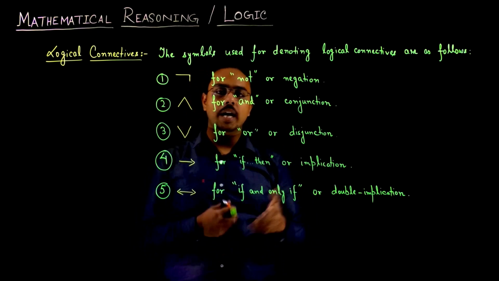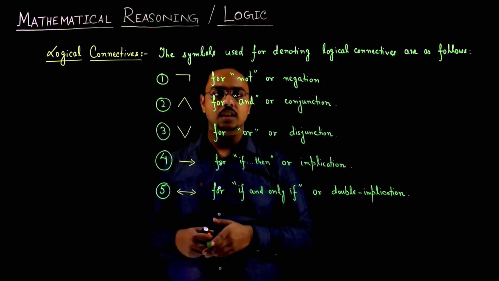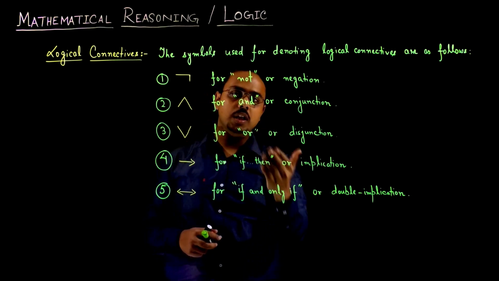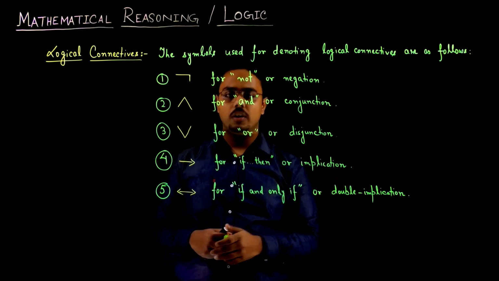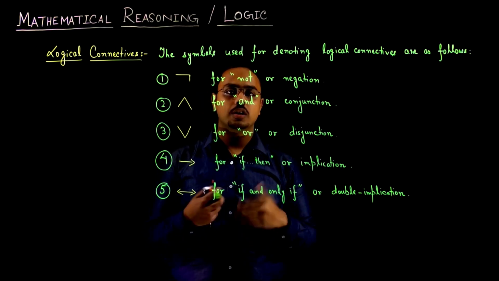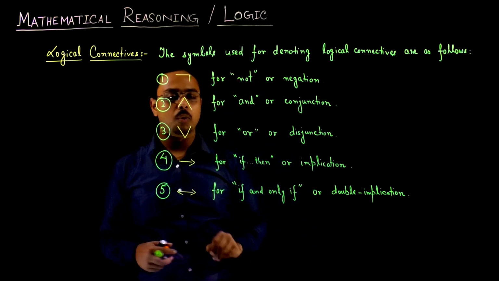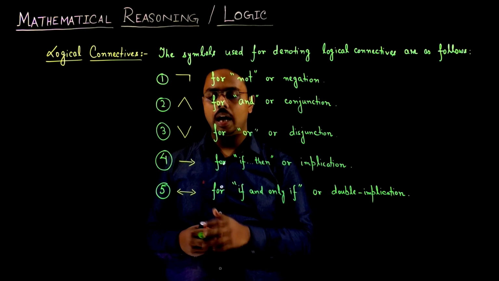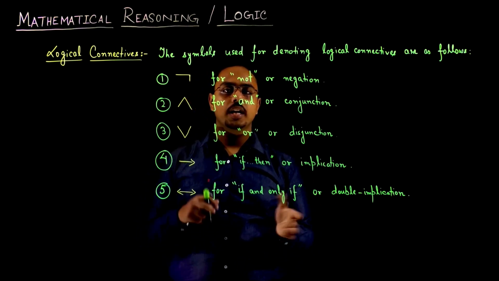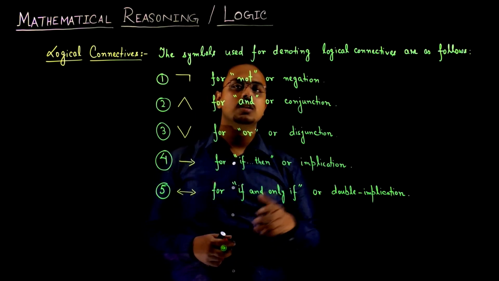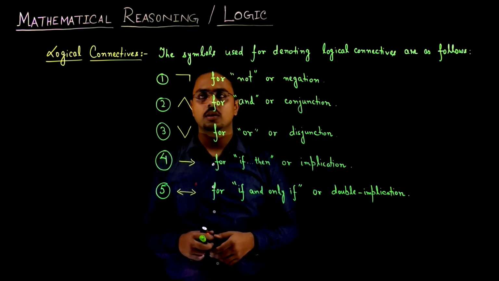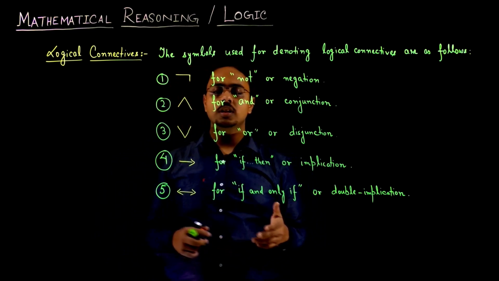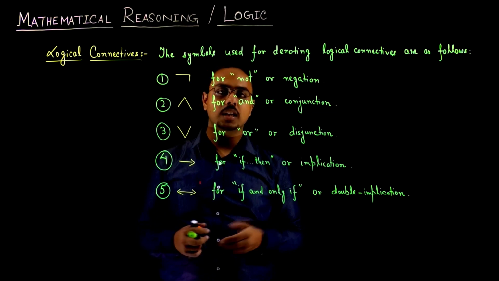This one, similar to the intersection symbol in our set theory, is also used for and or conjunction. This symbol, which is similar to the union symbol of our set theory, is used for or disjunction. Okay, and this symbol is used for if then kind of statements or implication statements, and this symbol is used for if and only if type of statements, which are known as double implication statements. Okay, so these symbols will be used thoroughly in our study of mathematical reasoning or mathematical logic.